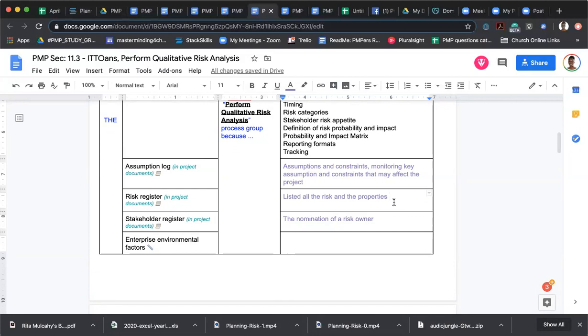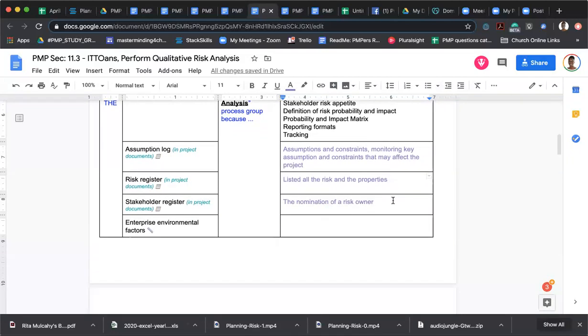And we'll have enterprise environmental factors. So EEFs basically consist of your published risk databases. I'm going to put that because it specifically relates to this concept.